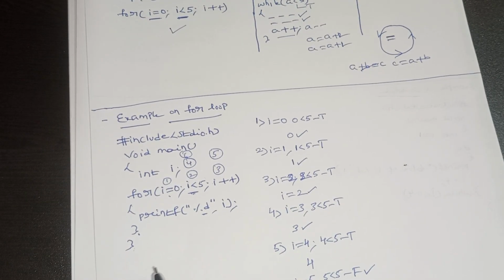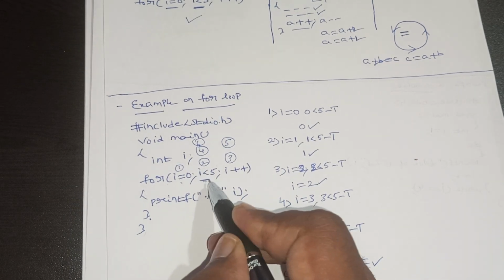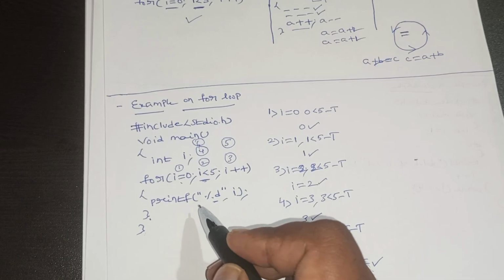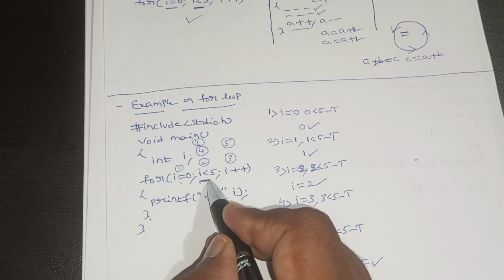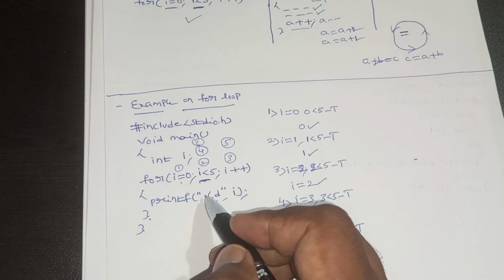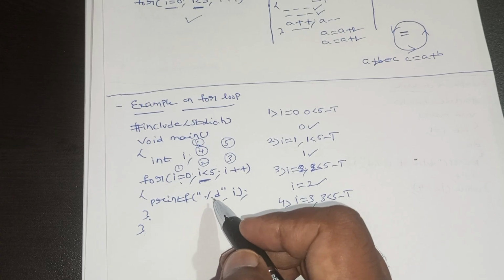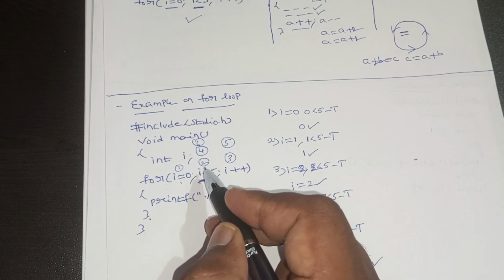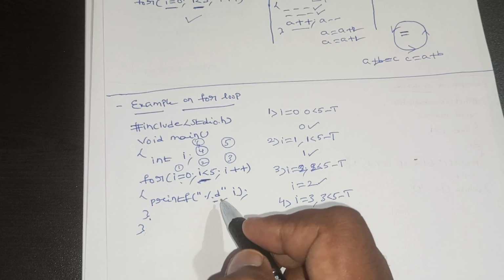I'll show it in the while practice. It means I am controlling the execution of statements depending upon the condition. If the condition is true, then only I am executing this statement. That is called control. Depending upon the control, I am executing some set of statements. That is what control statements are.